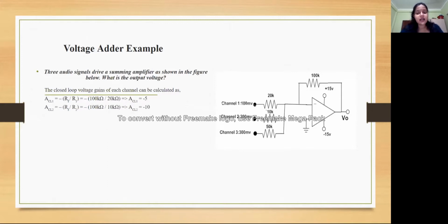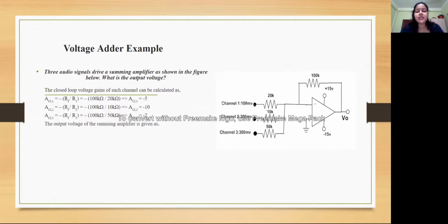Next, for channel 2, it will be minus 100 kilo ohm by 10 kilo ohm, that is minus 10. And for channel 3, it will be minus 100 kilo ohm by 50 kilo ohm, that is minus 2.